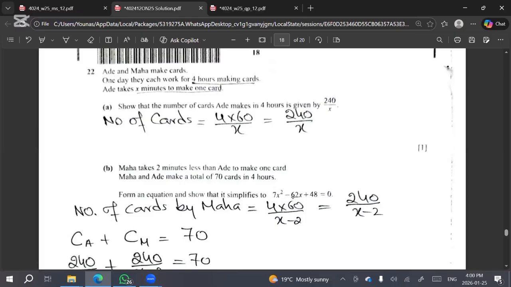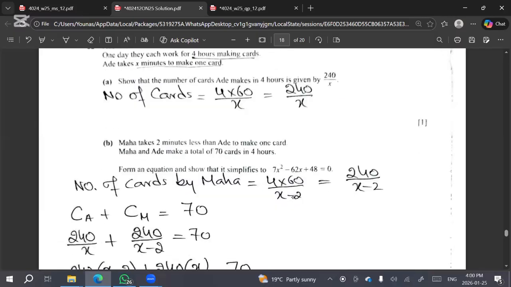The number of cards will be the total time divided by the rate. So 4 multiplied by 60 to convert this into minutes, divided by the rate, which is X minutes to make one card. So you will have 240 divided by X. Okay. So here we have 240 divided by X.